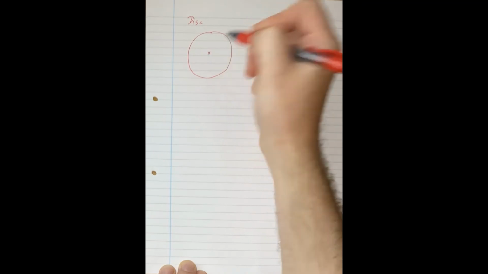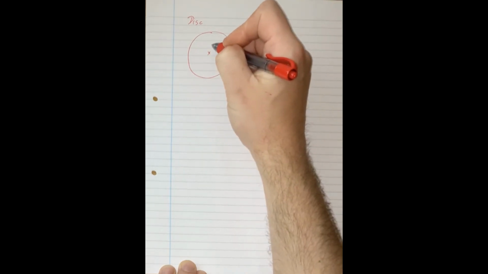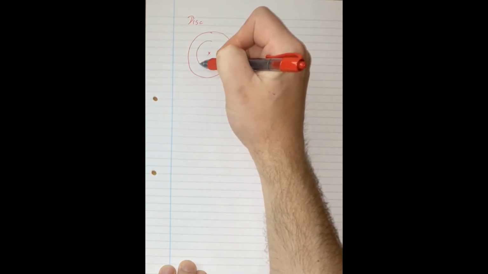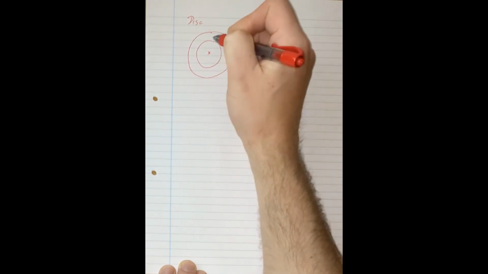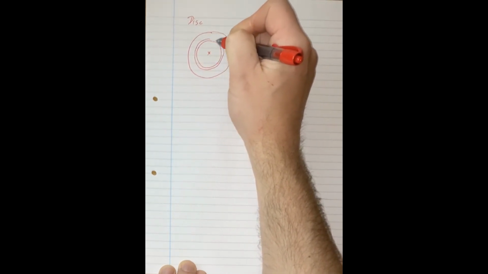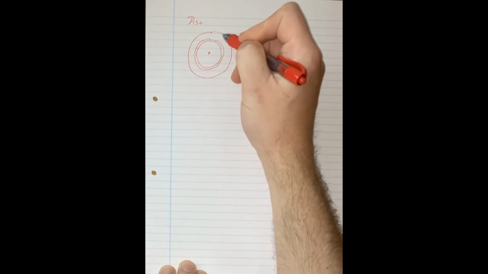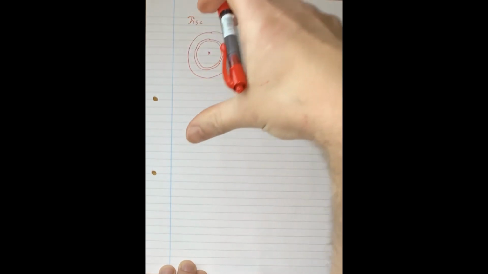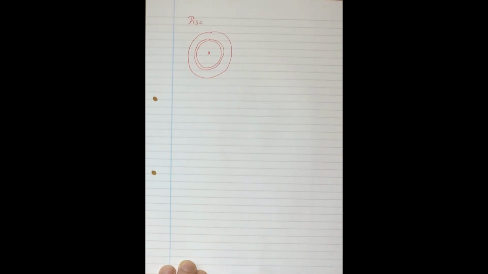If this disc was rotating about its center, and we looked at the moment of inertia of part of the disc, then by integrating out, working out these rings and summing up their moments of inertia across the entire disc, we can find the moment of inertia of the full disc.